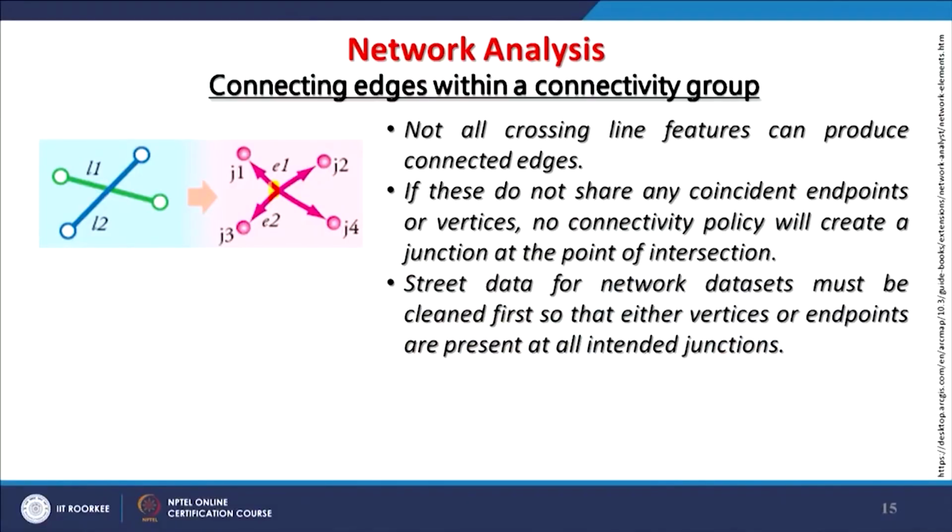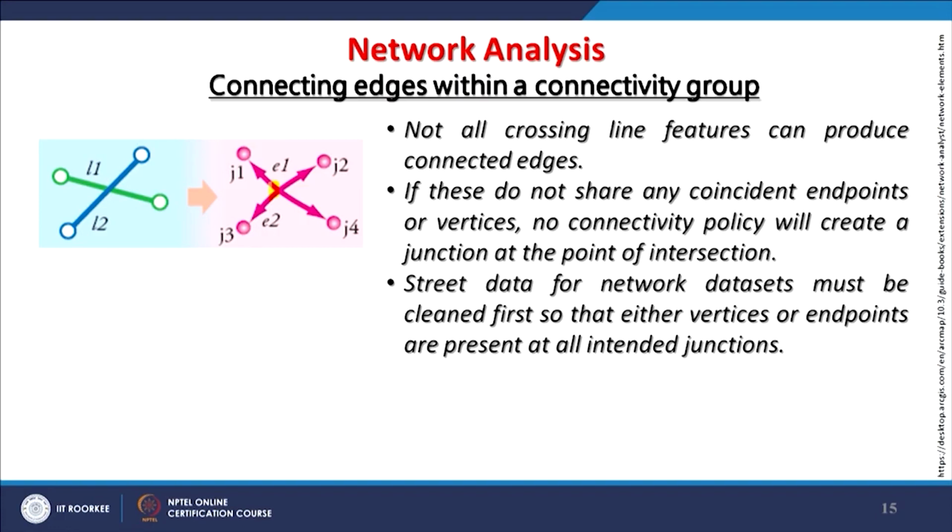If a junction is required, it can be created; if not, that also can be avoided. So, street data with that many attributes is required for network data sets, and it must be cleaned first so that it can be retrieved efficiently. And clean here means accurate and of good quality data.